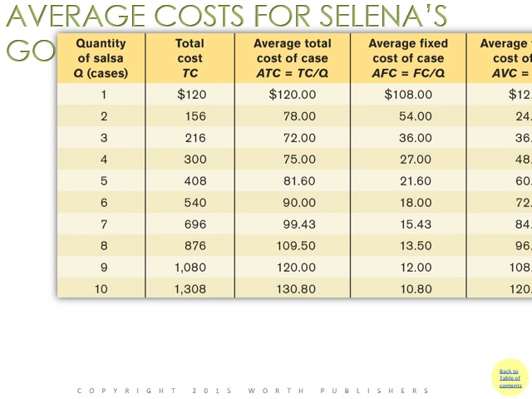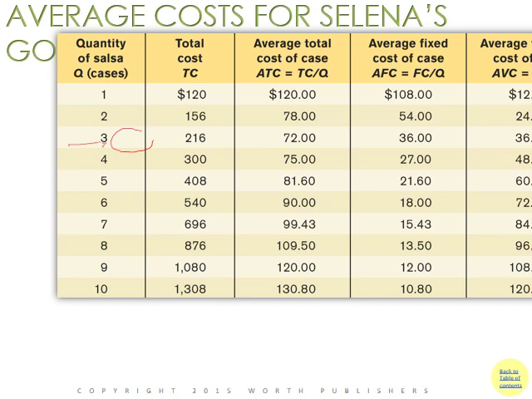And now, using the identities in the previous slide, we can take the total cost function for Selena's salsa. The total cost function shows the minimum total cost of producing a given level of output. So when output is equal to one case, total cost is $120.